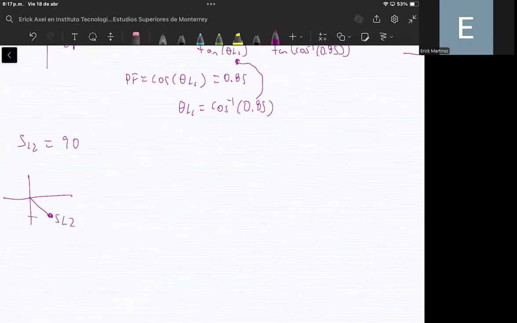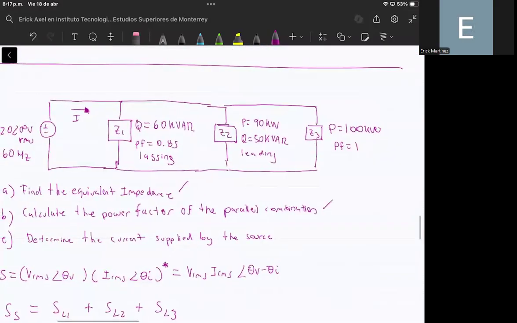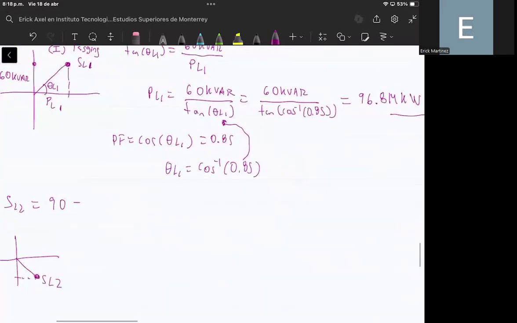So we can conclude that the reactive power should be negative, and we place a negative sign to denote the reactive power, that is 50 kilobar. So I can say that the complex power is 90 minus j50 kilovolt ampere.